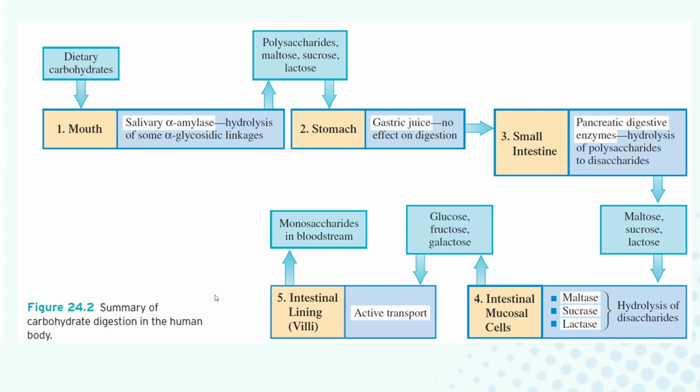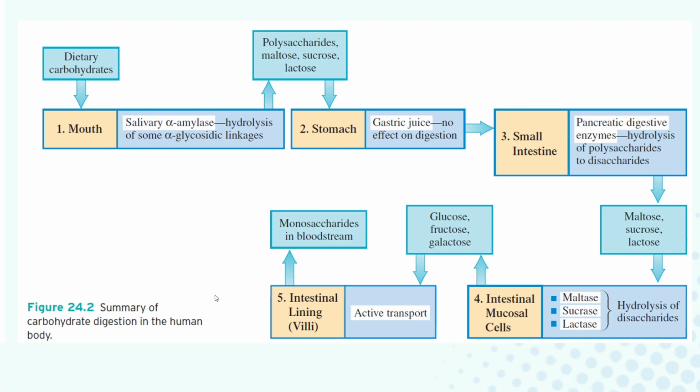So with the presence of your digestive enzymes, your polysaccharides will be hydrolyzed to become your disaccharides. And remember our three main disaccharides, your maltose, your sucrose, and your lactose. These disaccharides will then go to the intestinal mucosal cells wherein further hydrolysis will happen. And now we will have your monosaccharides, your glucose, your fructose, and your galactose.